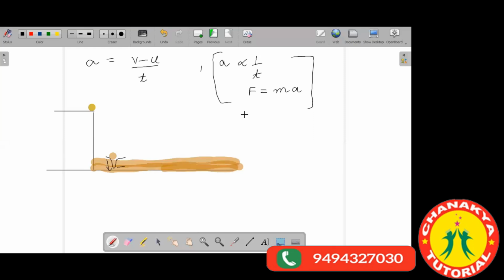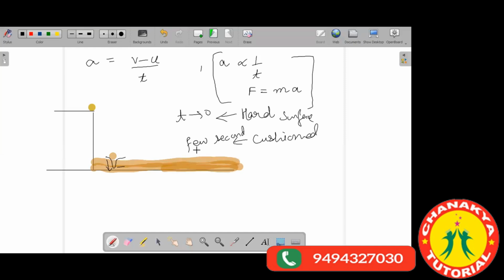So we have the hard surface, and the second case is the cushioned surface. On the hard surface, the time is almost zero. Instantaneously, you are coming to a stop. On the cushioned surface, you are taking a few seconds to stop.